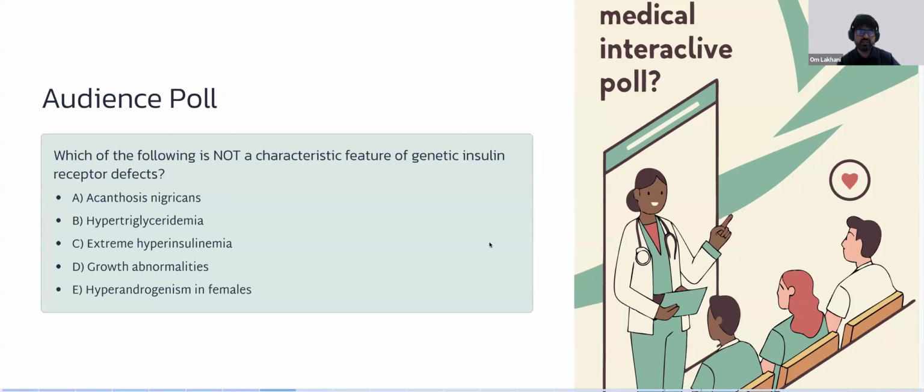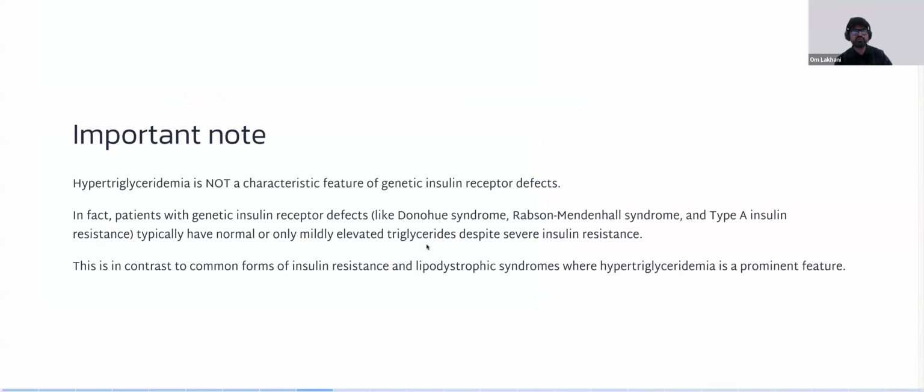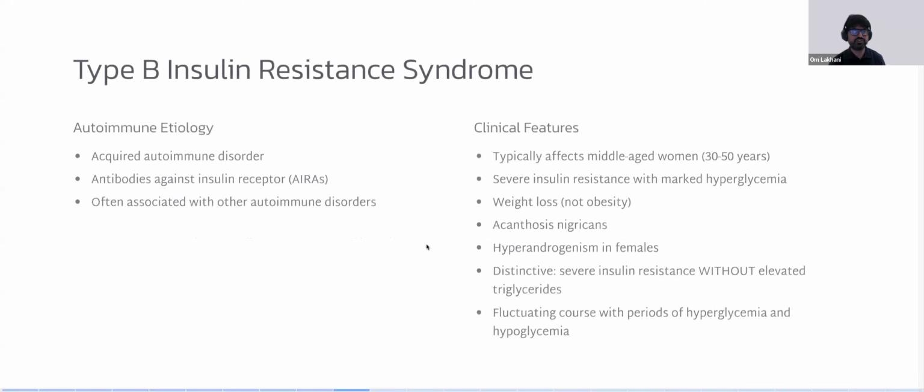Good that a lot of you got this answer correct, 54%, so the majority did. Hypertriglyceridemia is not a characteristic feature of genetic insulin receptor defects. These patients do not have it, whereas the other conditions you're going to see now will have hypertriglyceridemia, and that's how you distinguish between these conditions.